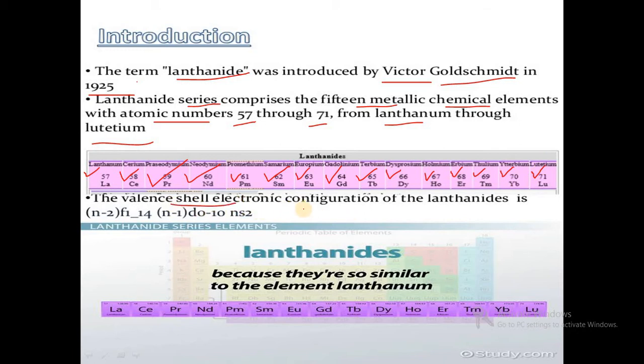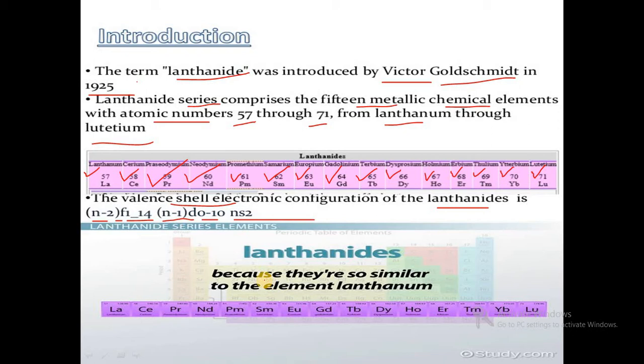The valence shell electronic configuration of the lanthanides is (n-2)f electrons ranging from 1 to 14, (n-1)d electrons ranging from 0 to 10, and ns2.